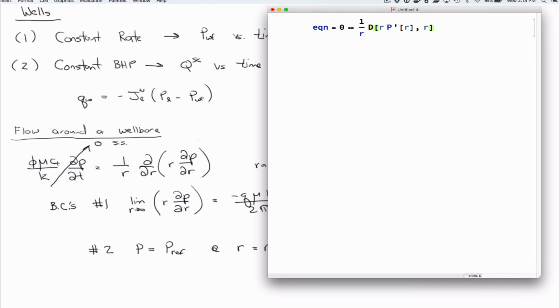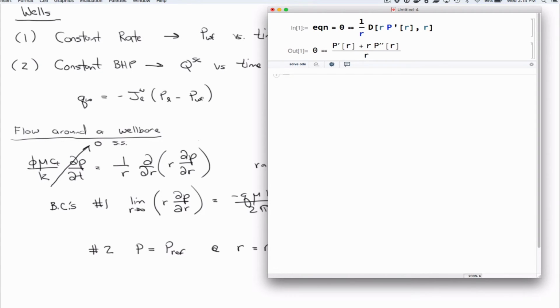Take the derivative with respect to r of r times p prime of r. The tick mark is like saying the first derivative with respect to the argument. Then if I execute this, it just does the product rule and computes that derivative. So that's the derivative, okay?